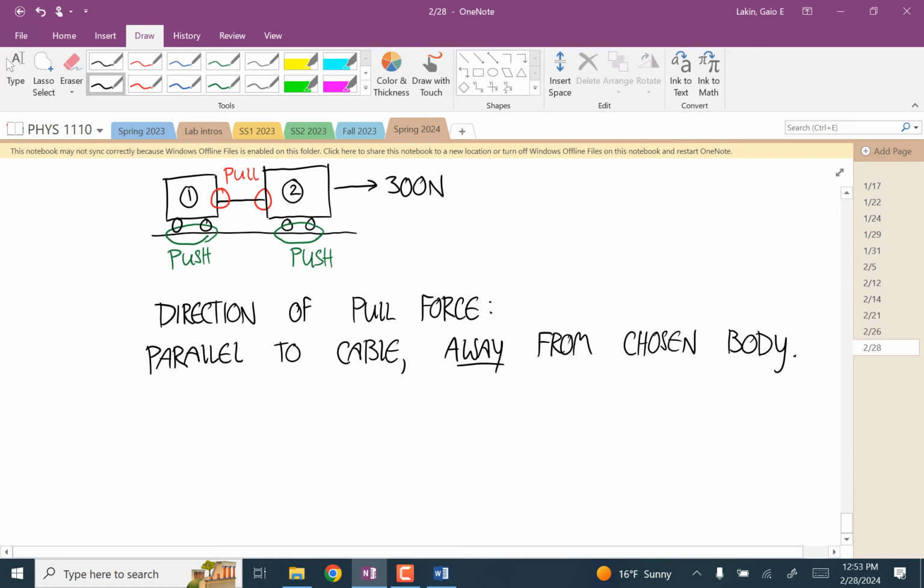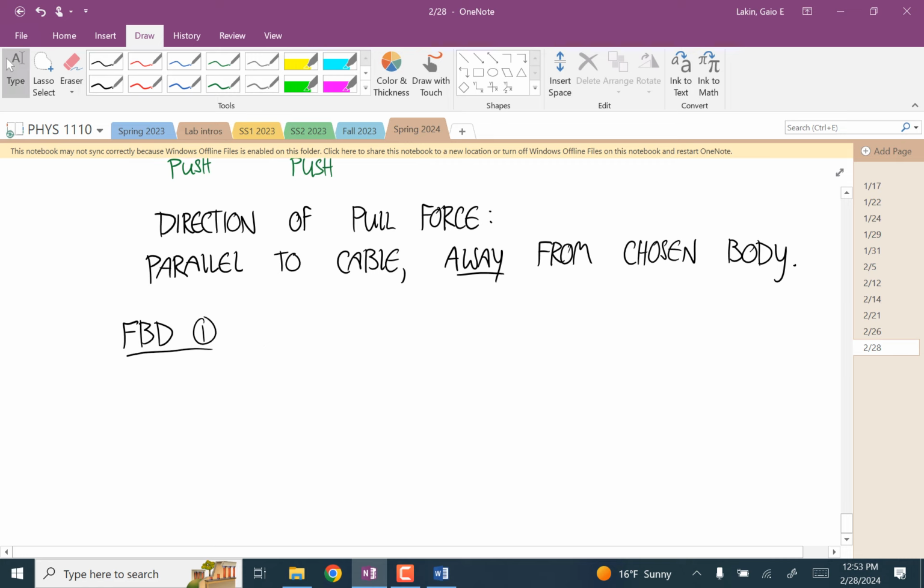So let me draw free body diagrams for both of these. For body 1, we have a weight force of mass of body 1 times g.